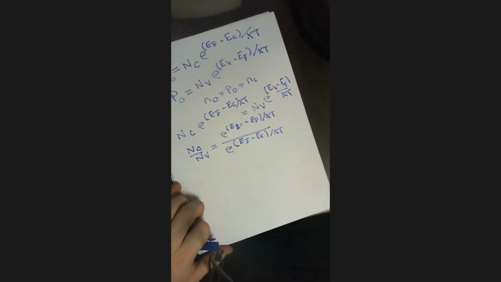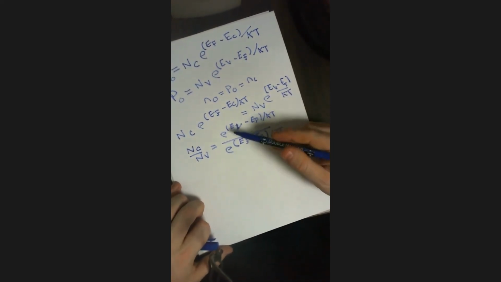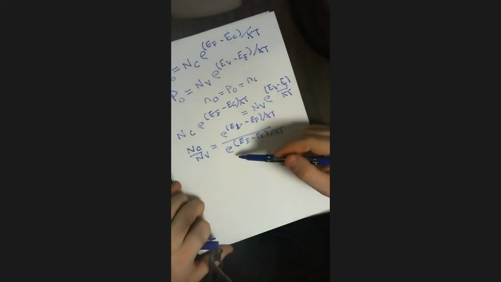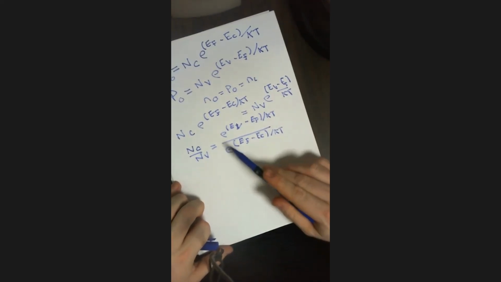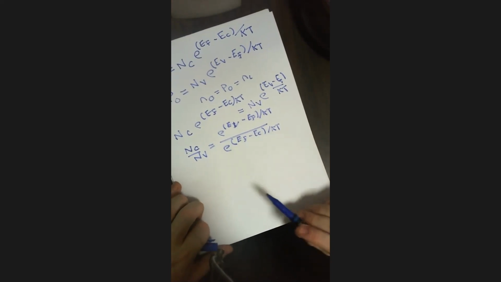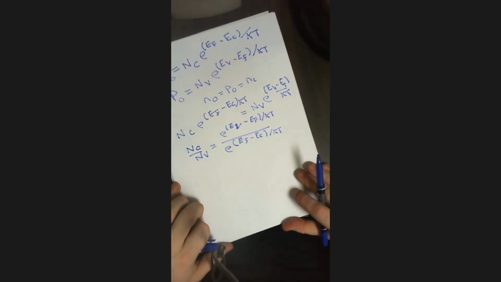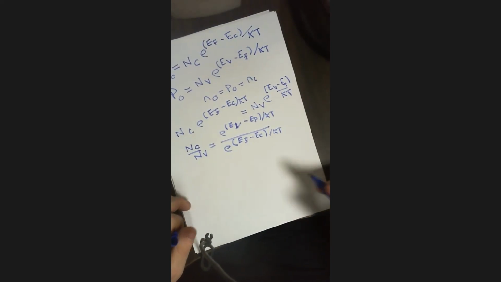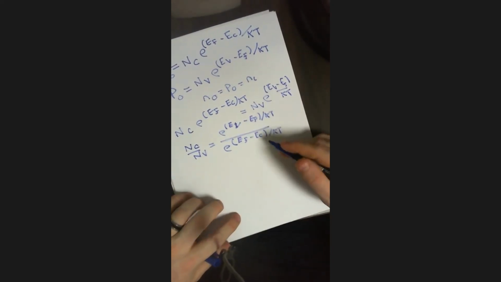So this is a very simple mathematical equation. Of course, when you have two exponentials dividing each other, you can simply add a minus sign to incorporate these two exponentials together.